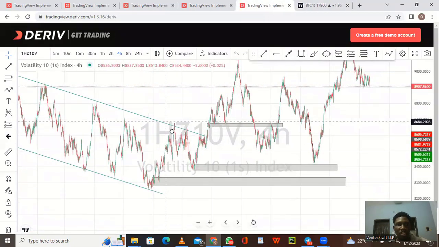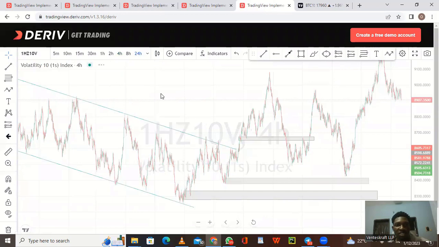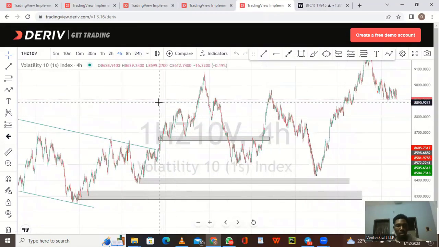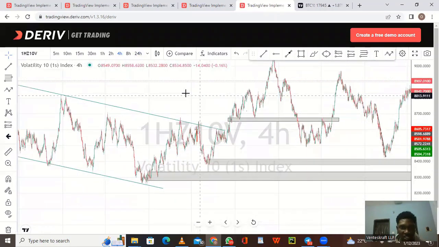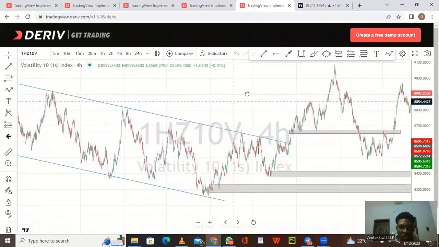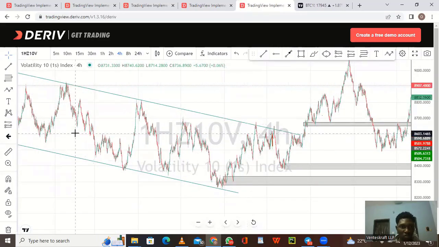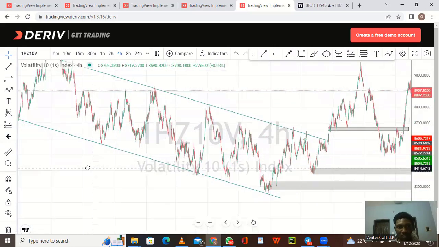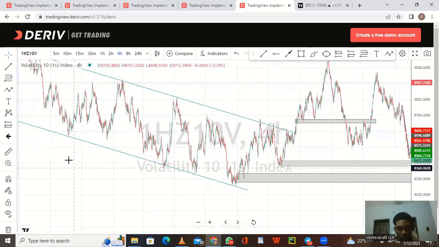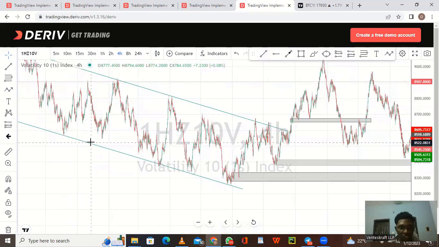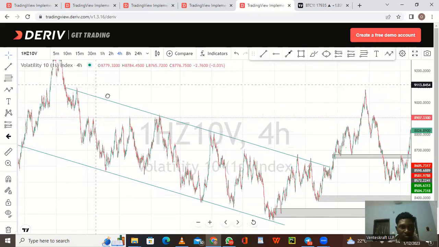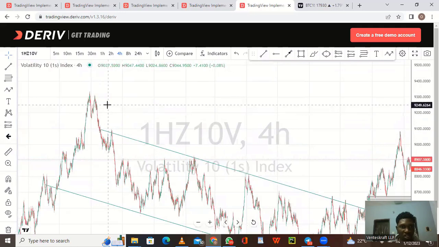Okay, so this is the chart of the Volatility 10 index, V10 index. You see within this period that the market was bearish, and in fact, we have this bearish channel. The market was bearish within this phase.